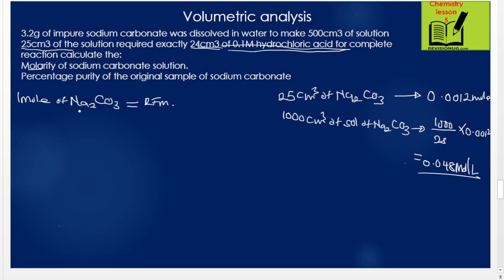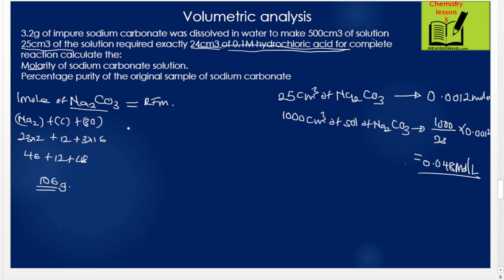Then the relative formula mass for sodium carbonate: sodium, 2 of them, you add 1 carbon atom, you add 3 oxygen atoms. Then this is 23 by 2, plus 12, plus 3 by 16. This is 46, plus 12, plus 48, which totals 106 grams.